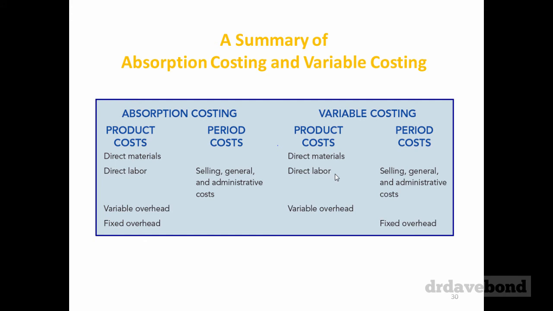That's what you see in just a financial report. But when we're worried about variable costing, we're just worried about the things which are variable getting attached in. So direct materials, direct labor, and the variable overhead. The thing which differs between the two is the fixed overhead. It ends up in product cost in absorption, and ends up in period costs over in variable costing.